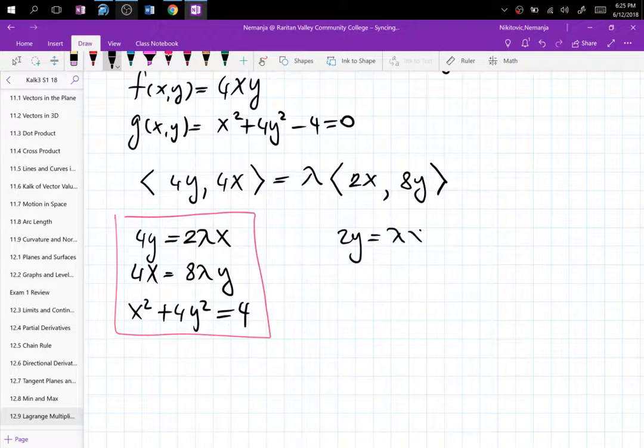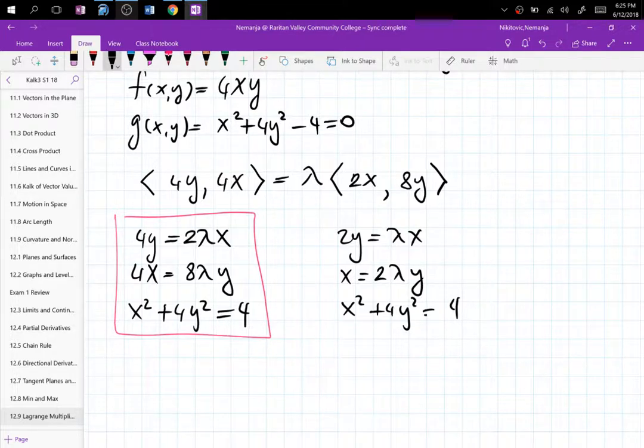Now we have 2y is equal to lambda x, x is equal to 2 lambda y, and x squared plus 4y squared is equal to 4. These are not symmetric. So what should we do?